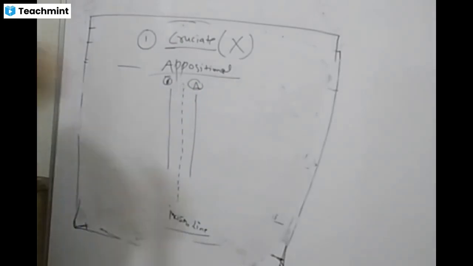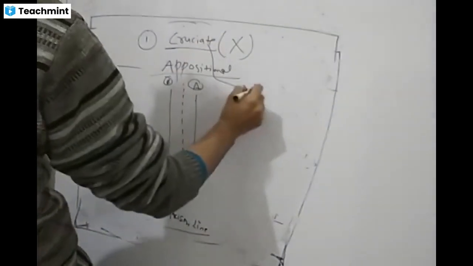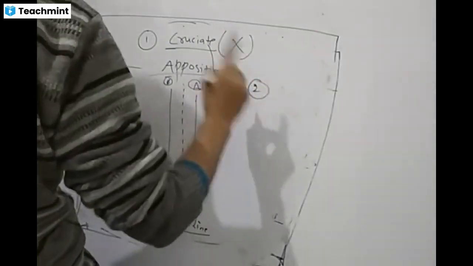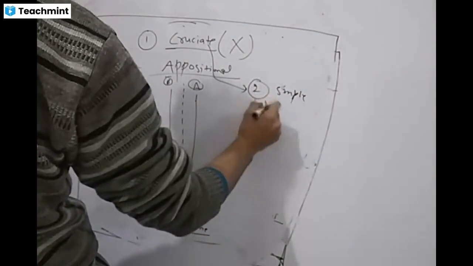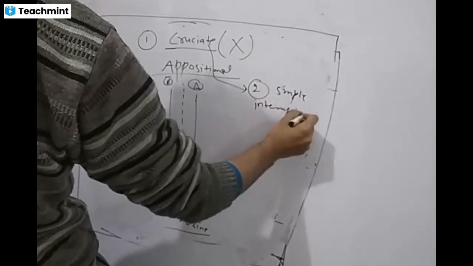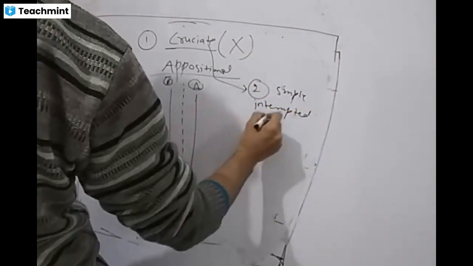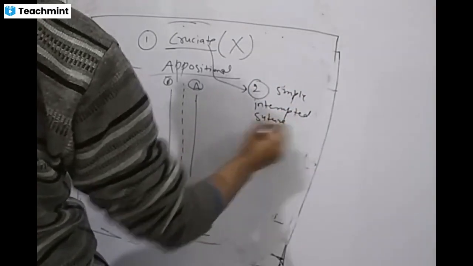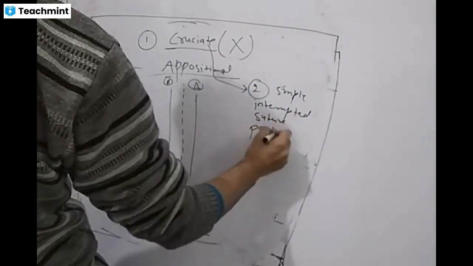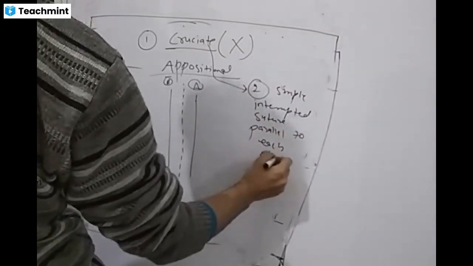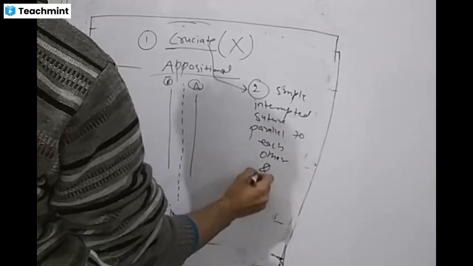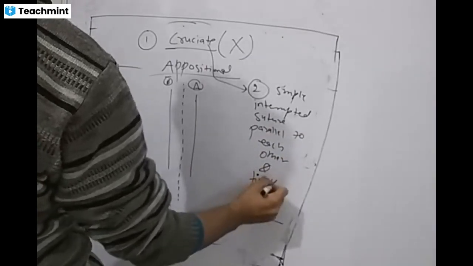In this cruciate, we apply two simple interrupted sutures parallel to each other, and then we tie them.